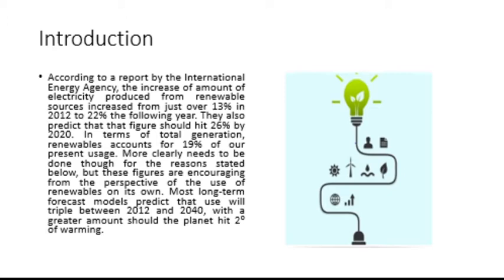Why? Because these resources are free. The main basic point of using renewable energy is that the resources we will use in solar, wind, and biomass will always be completely free.